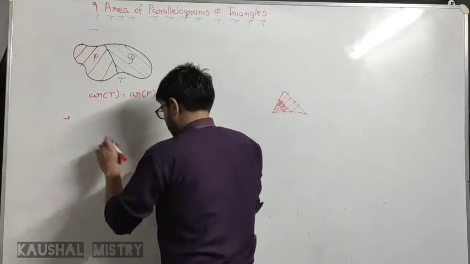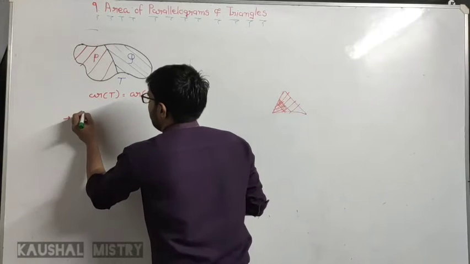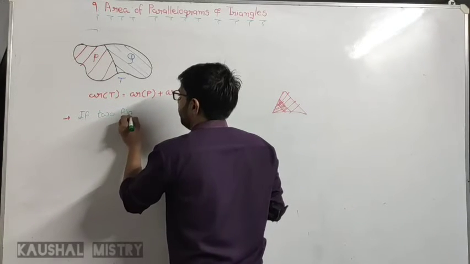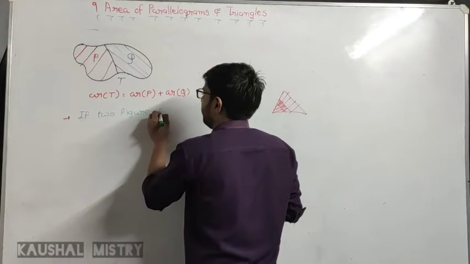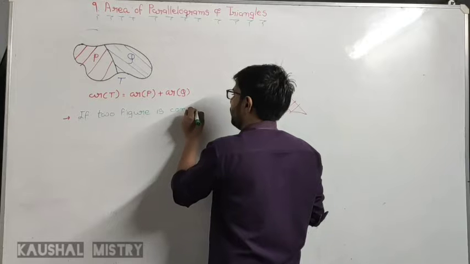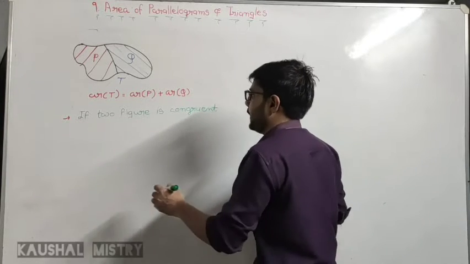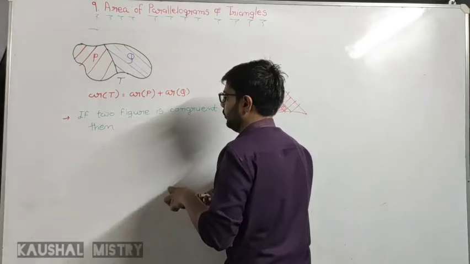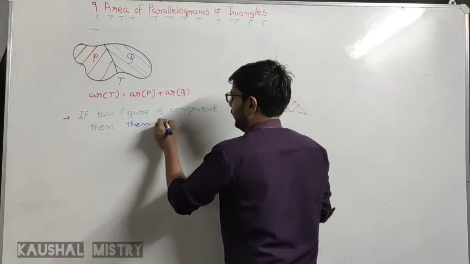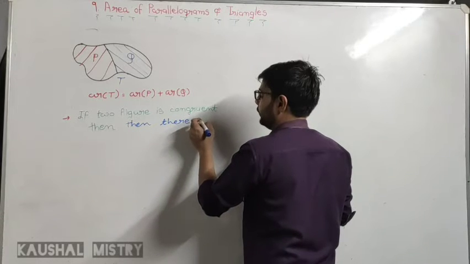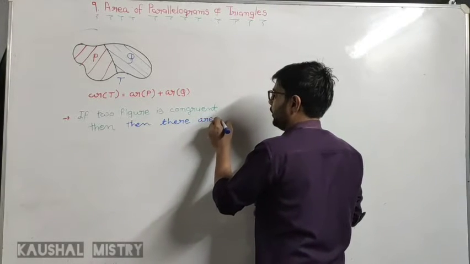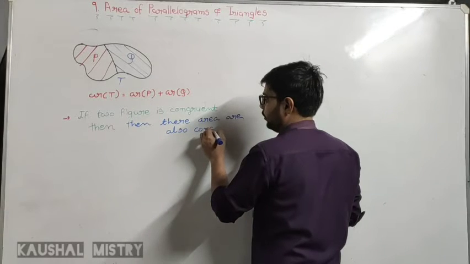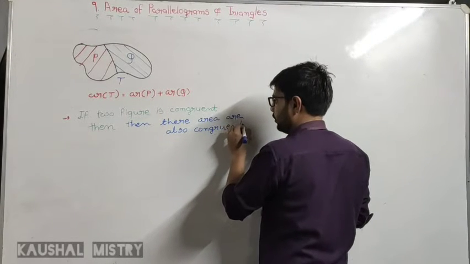That means if two figures are congruent, then their areas are also congruent, right?